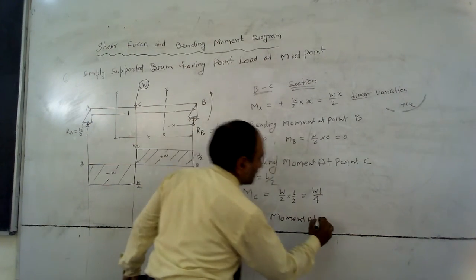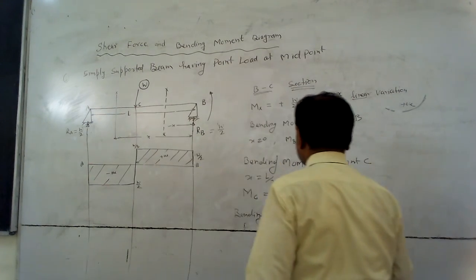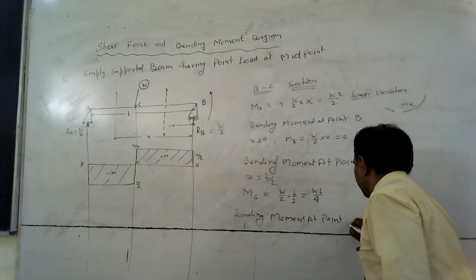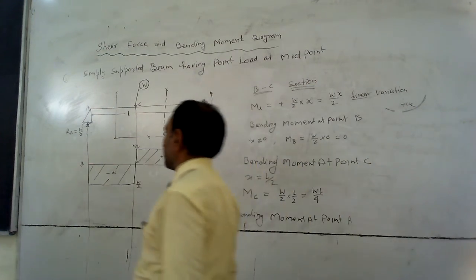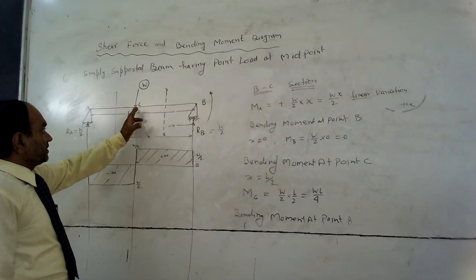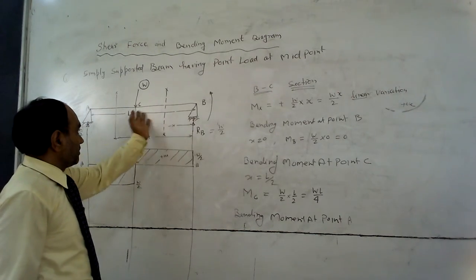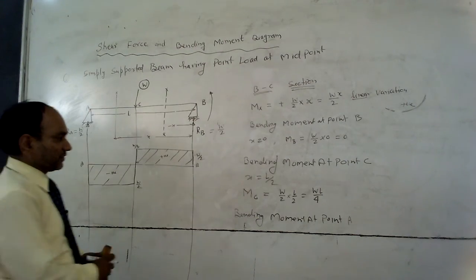There is a similarity between CB and AC, so there will be a reflection of BC in AC.